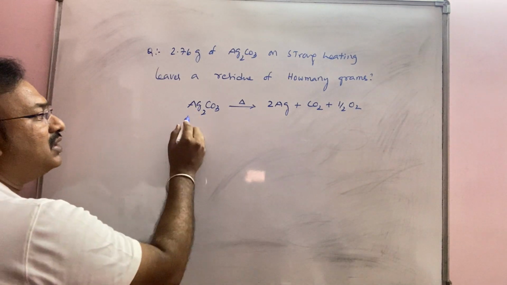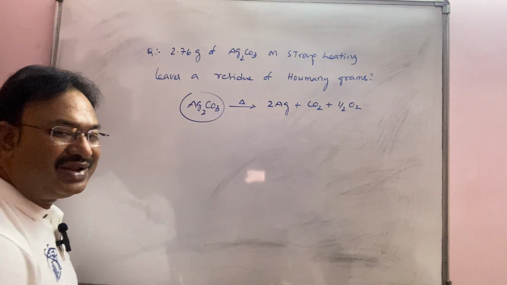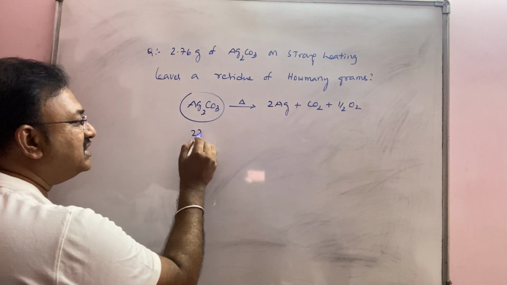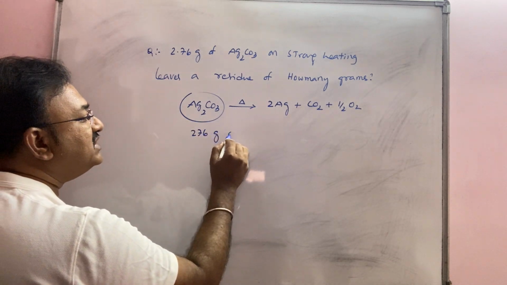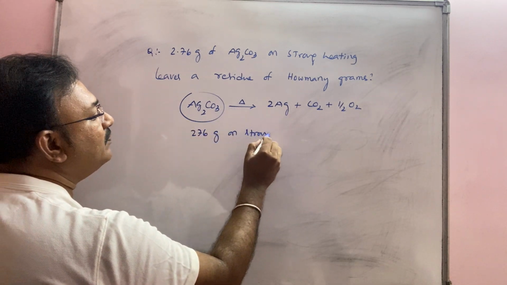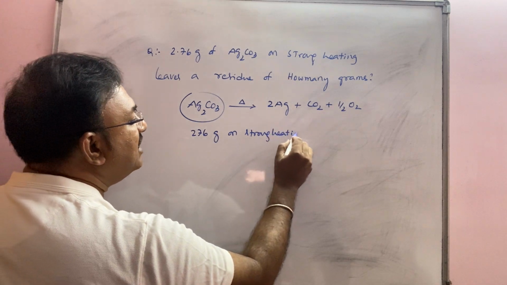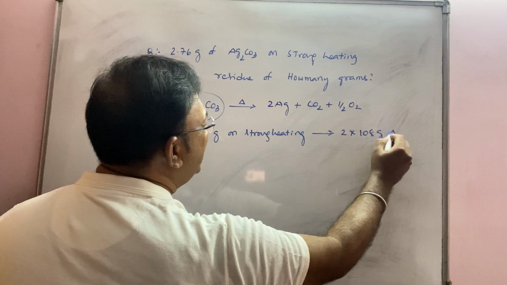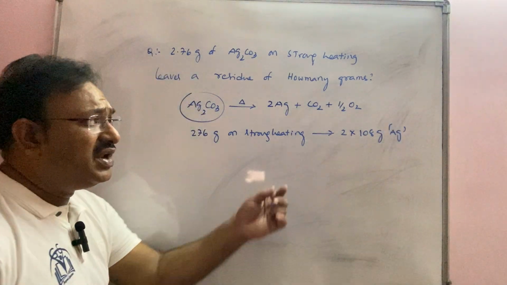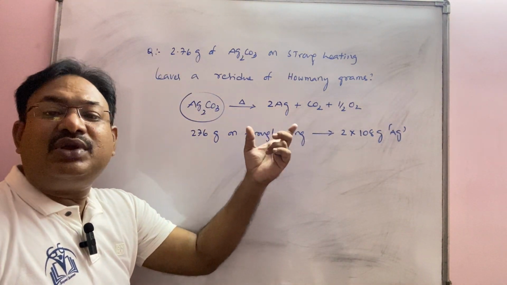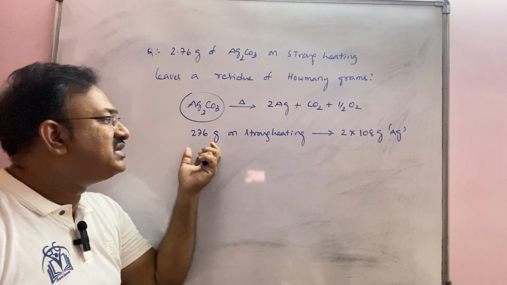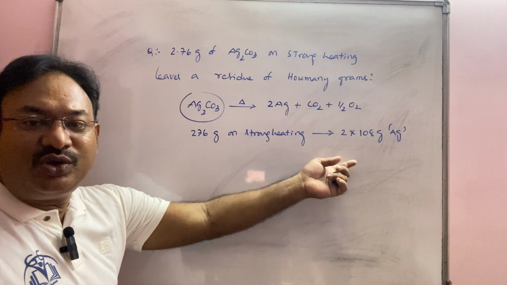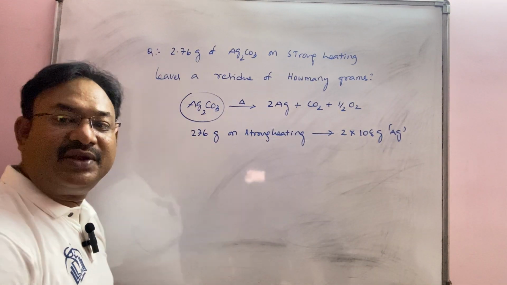Silver carbonate molecular weight will be 276. So 276 grams on strong heating gives 2 into 108 grams of silver as residue. After removing gases, whatever is left is called residue.